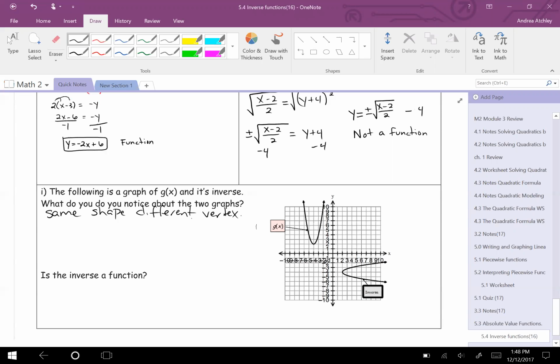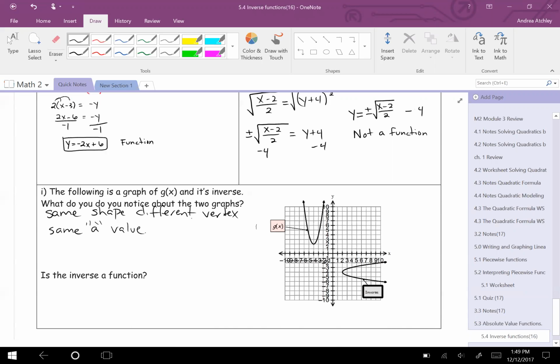Yep. Same a value. Okay, the a values will be the same. Any other things we can talk about?